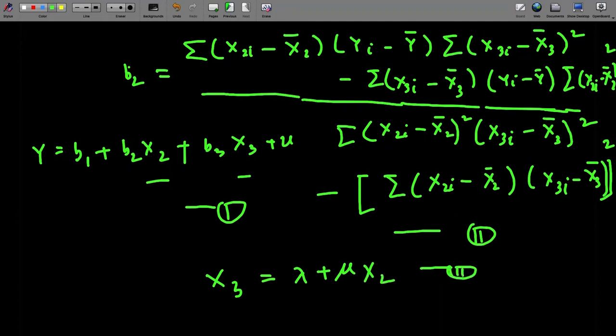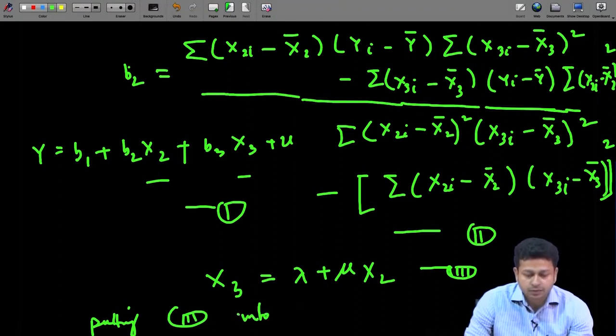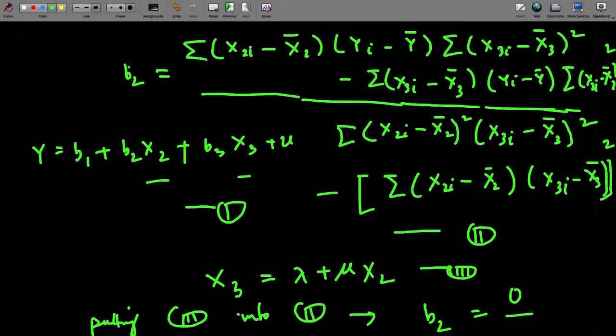Now, if I substitute x3 with mu x2, putting equation 3 into equation 2, I will find that both terms in the numerator are going to be 0, as well as the denominator, and it is going to be undefined. You can find this proof in Christopher Dougherty's textbook.